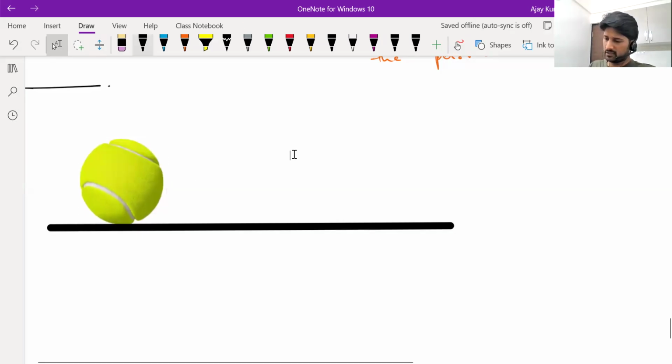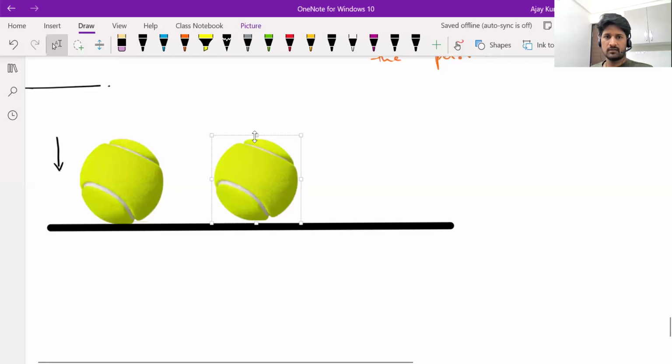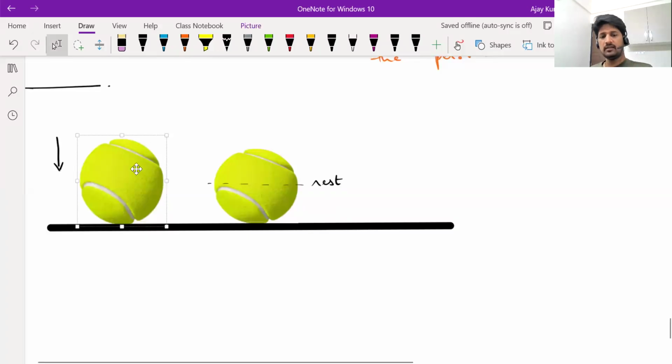It has a velocity in the downward direction now. What will happen due to that velocity? It will get deformed a little bit. It kind of gets shaped out, and at one instant it will come to rest. And then when it bounces back, it gets back its original shape.